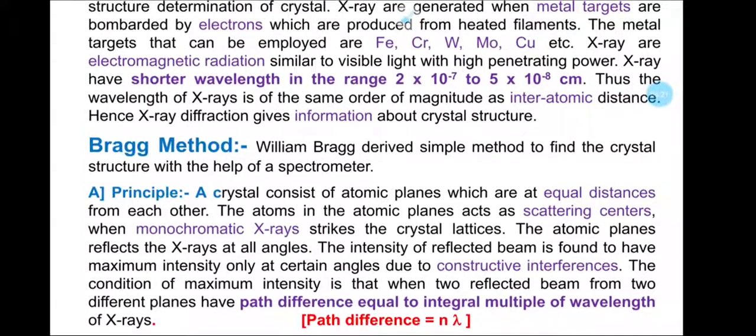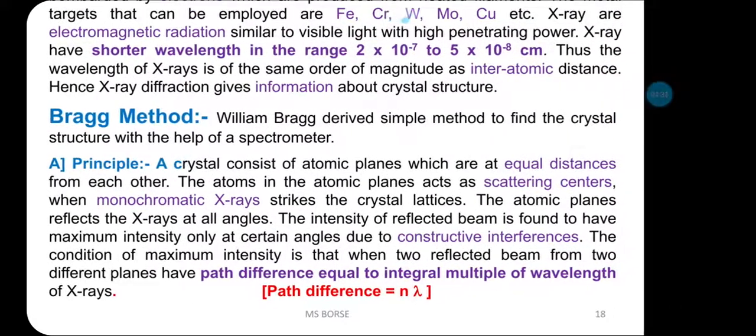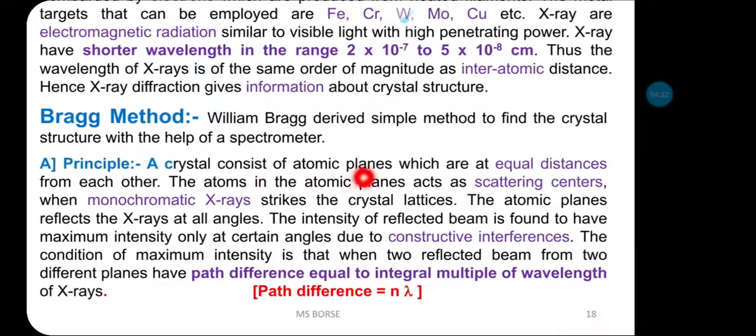First, Bragg developed the method of crystal analysis by using X-ray radiation. The Bragg method has the principle that a crystal consists of atomic planes which are at equal distance from each other. The atoms present in the atomic planes act as scattering centers.